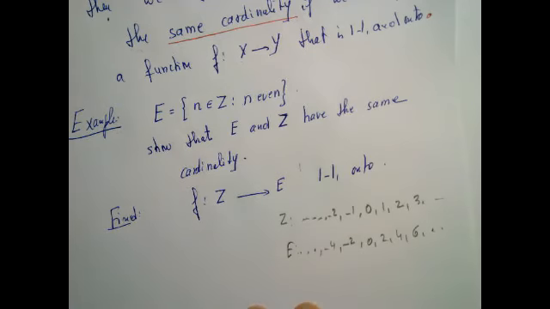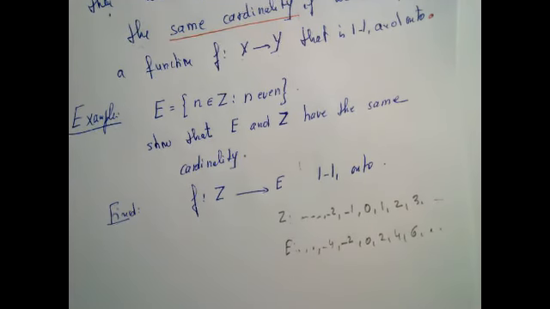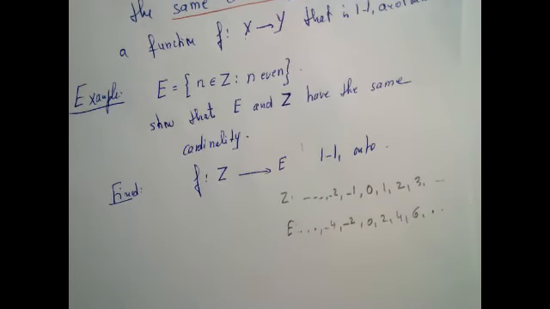Of course, we think that Z has a lot more elements, but I'm telling you no, actually they have the same cardinality.